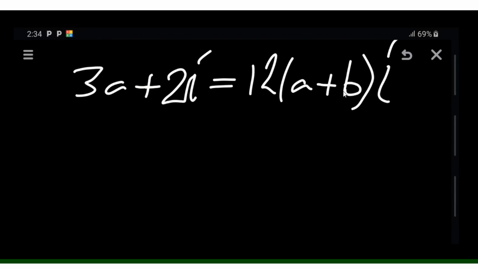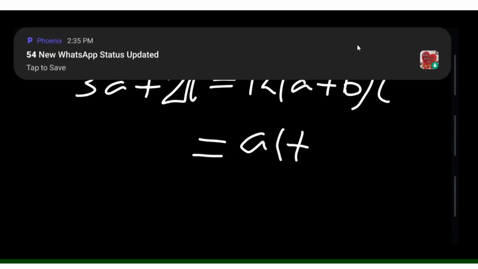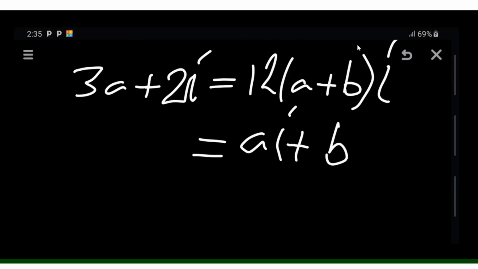So I'll let this whole be a. So my real part will be 0, since we don't have one, meaning this is just equal to 0.